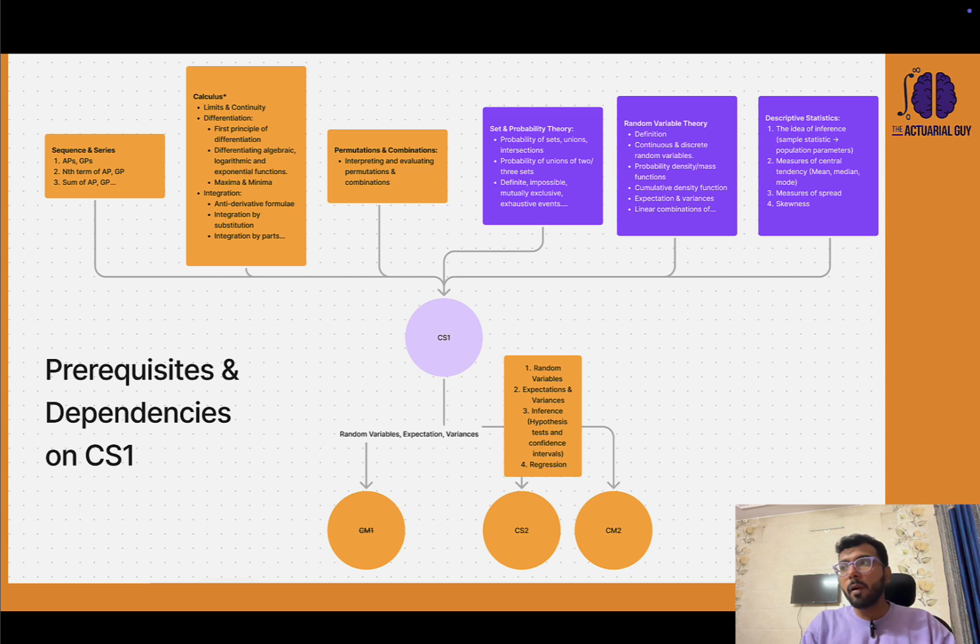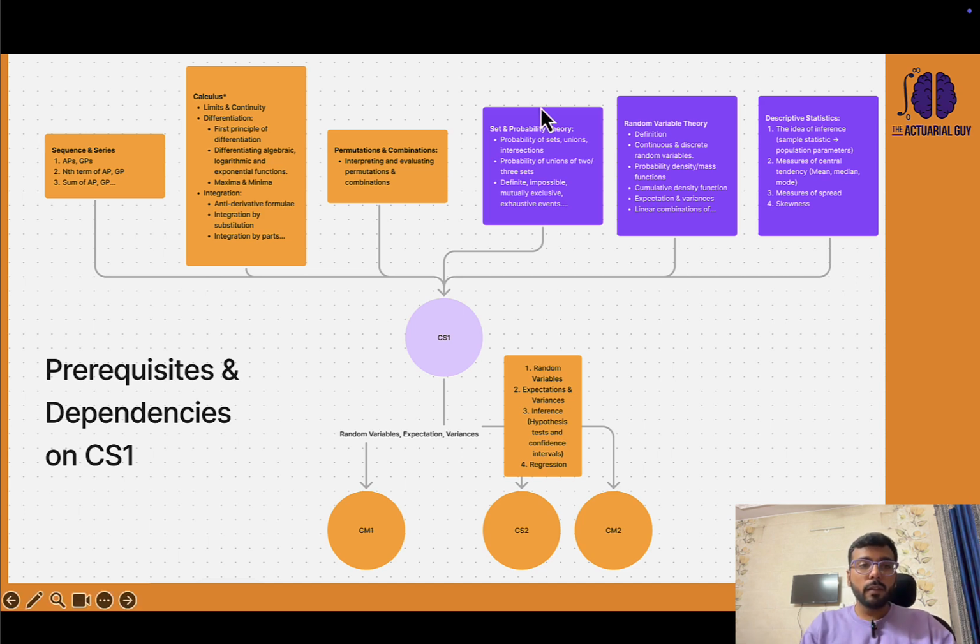If you are coming from a background where you haven't studied these topics, or you haven't done A-level math or your plus 2 level mathematics, I would say you just go through these topics. They should be sufficient for you to start studying actuarial science and take up CS1 or CM1.